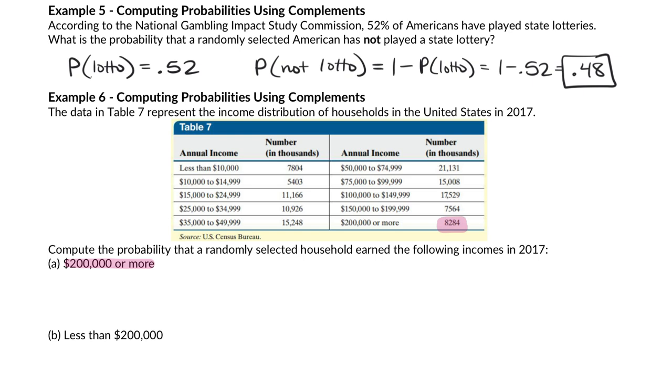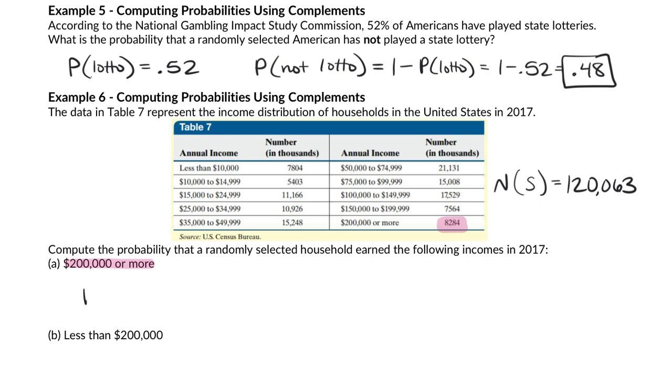So to be able to really do these probabilities, we do need to know the number of homes in our sample space. These are all the people who we surveyed. The total number I would get by adding up all of the numbers in thousands. So just to fast forward, it's 120,063 when we add up all of those numbers.